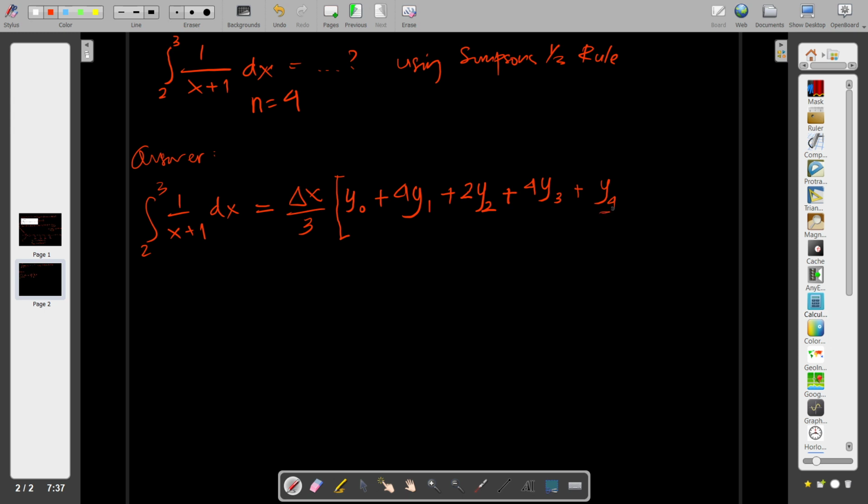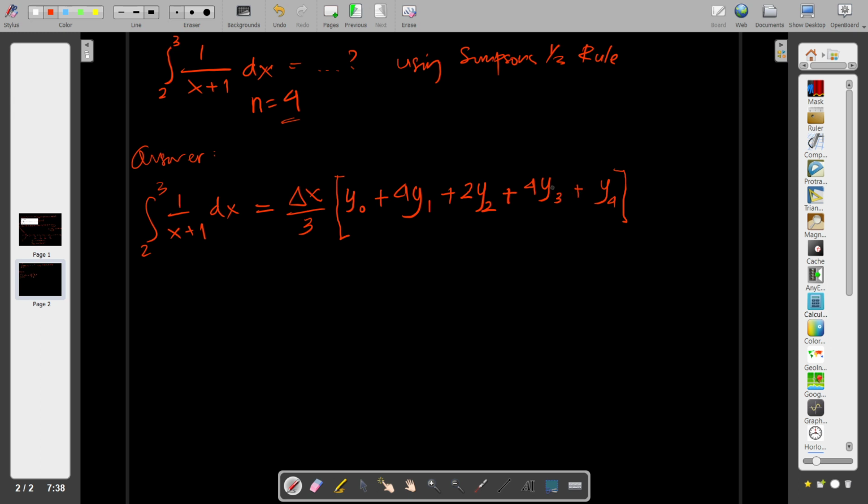because this is the final y. We stop at y4 because the end value is n equals 4. So the formula will be like this. But if the value of n were 5, then we would go to y5.